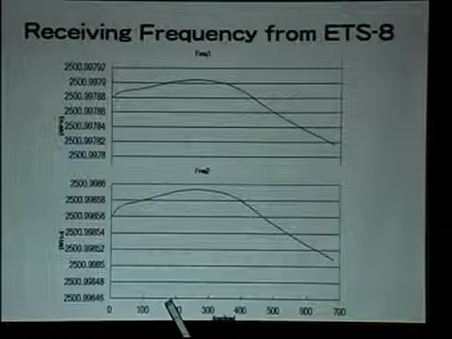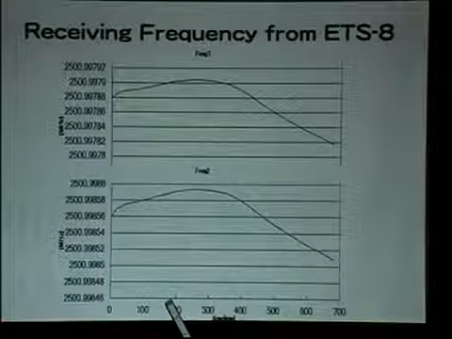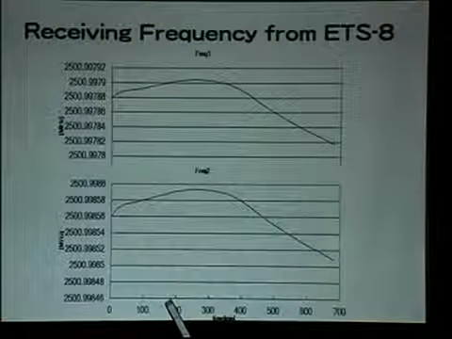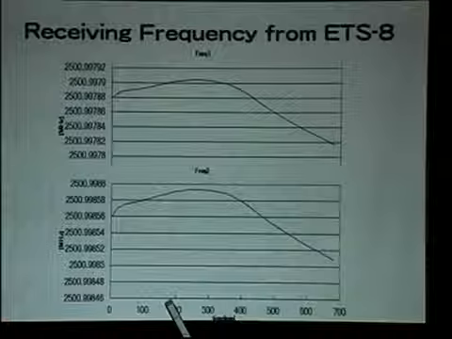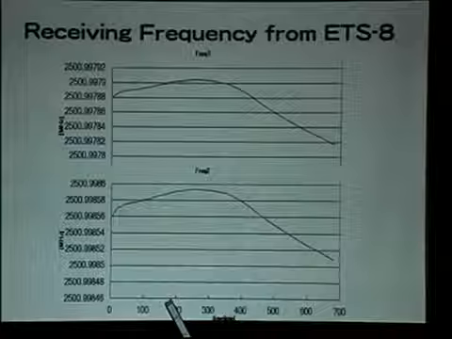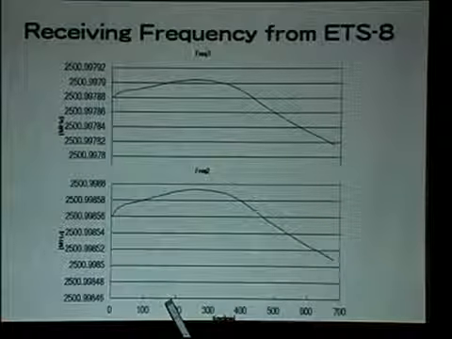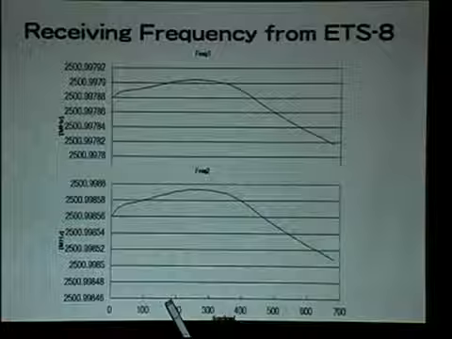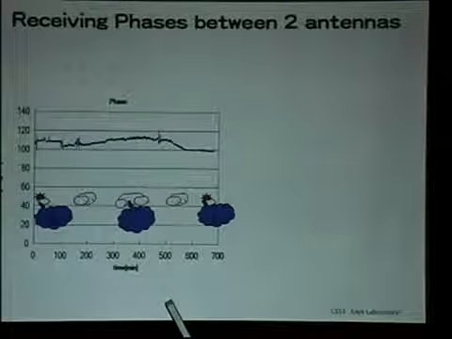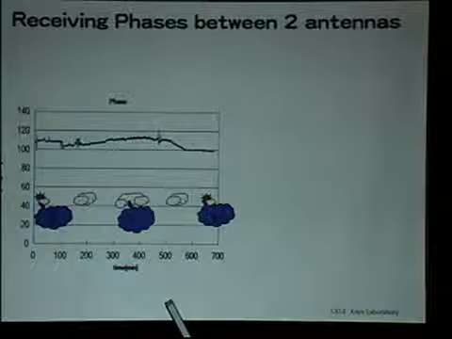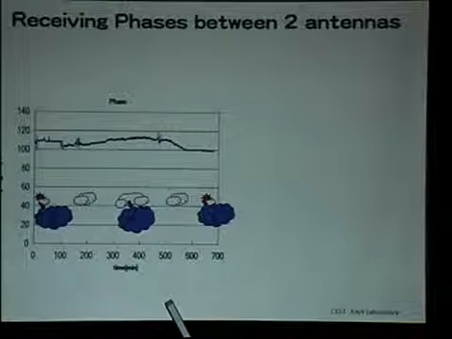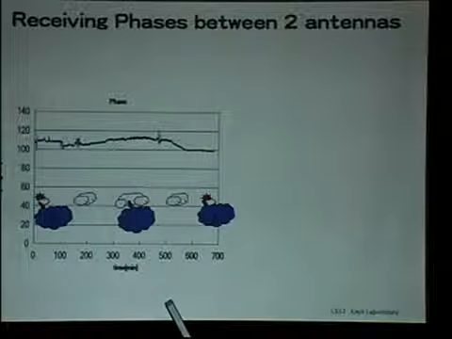Concerning the receiving frequency, there is little change. It means Doppler shift. A geostationary orbit, but moving a little like a figure of 8, so the frequency suffers a little Doppler shift. And concerning the receiving phase, we received with 2 antennas to compare the receiving phase.